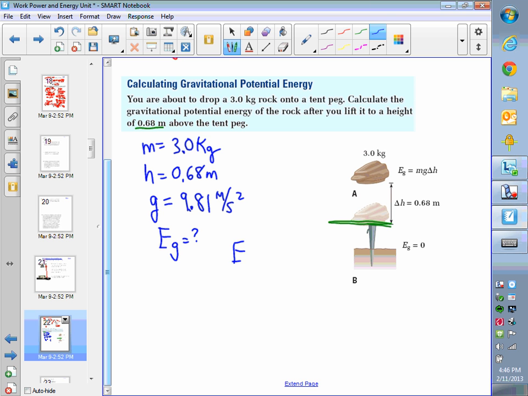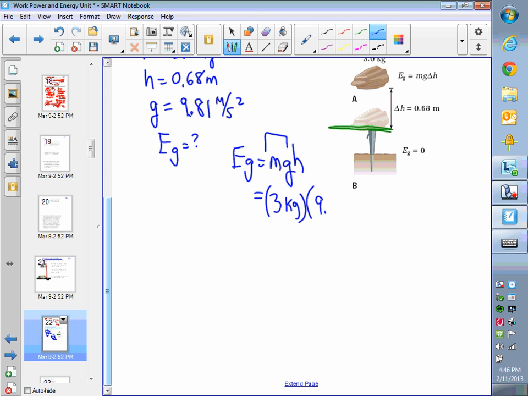The gravitational potential energy is just m times g times h. It's just the weight times the height through which it was raised. So our mass of 3 kilograms multiplied by the acceleration of gravity, 9.81 meters per second squared, and the height of 0.68 meters.